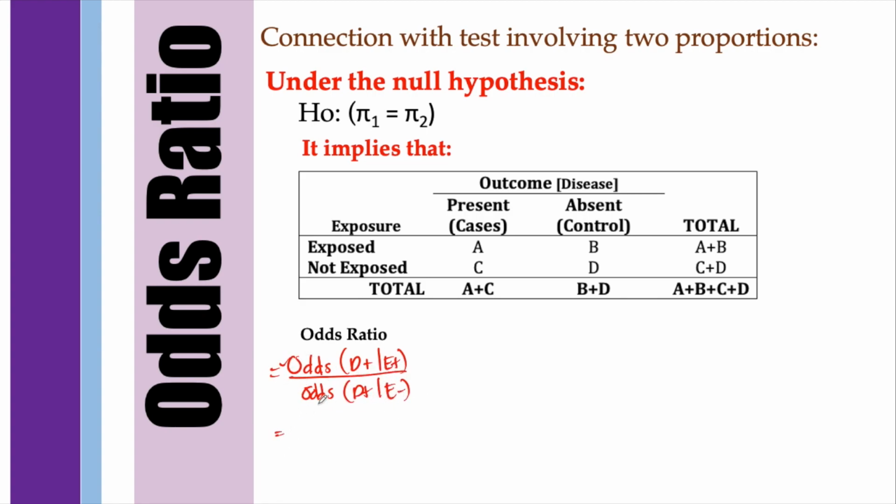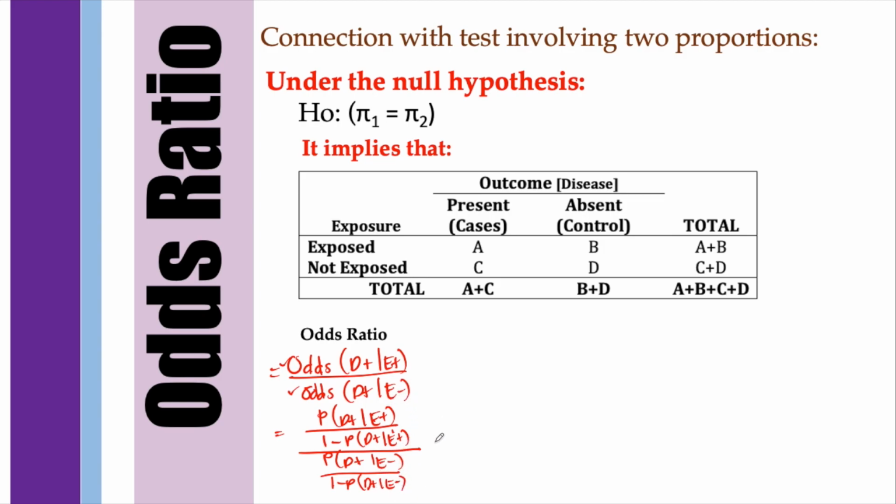Again, odds is a ratio of two probabilities. So the probability of having a disease when exposed over 1 minus the probability of having a disease when exposed, all over the probability of having a disease when not exposed over 1 minus the probability of having a disease when not exposed.